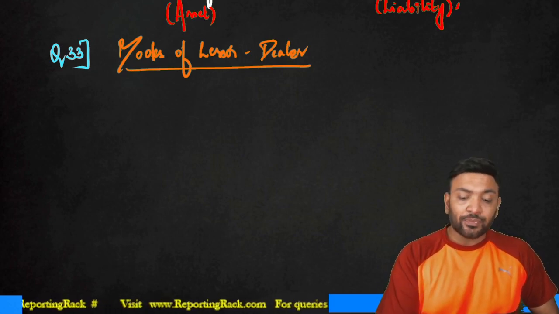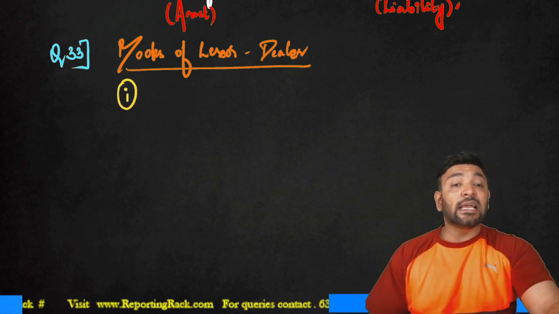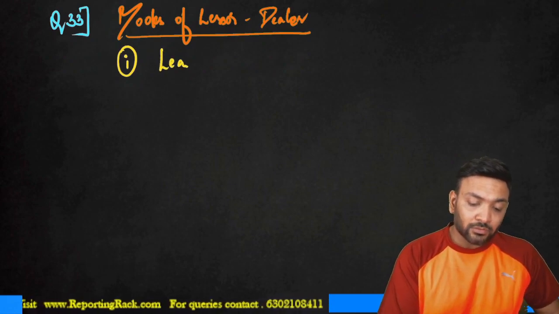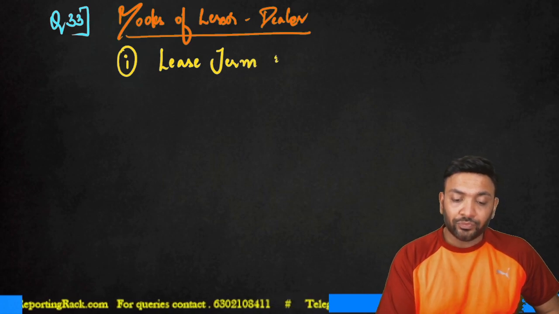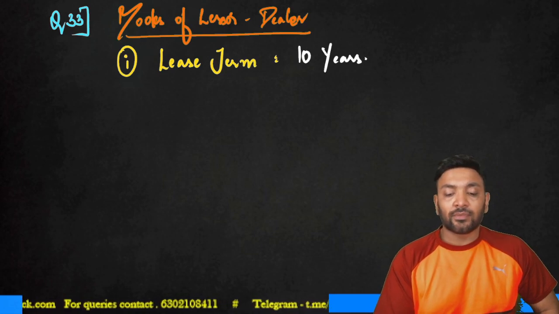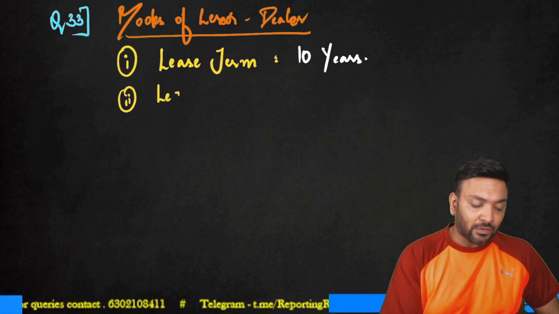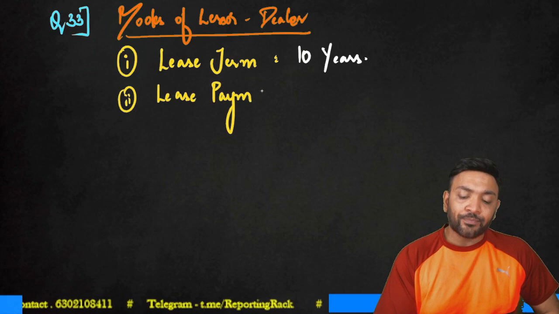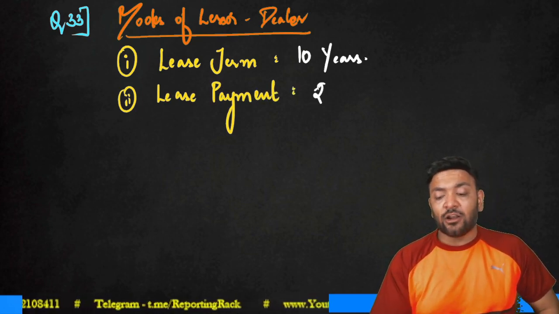Let's start solving. The first item that I find in the question is that the lease term is for 10 years. First, let me write down the lease term as 10 years. Second one, what are the lease payments? The lease payment is also given in the question at 15,000 at the end of each year.